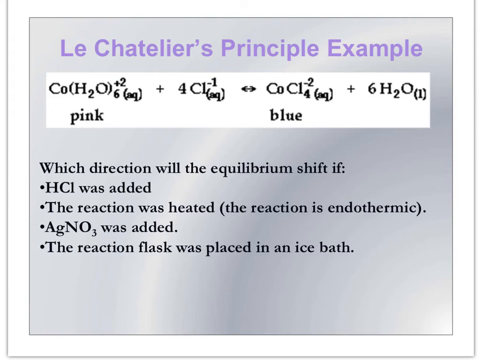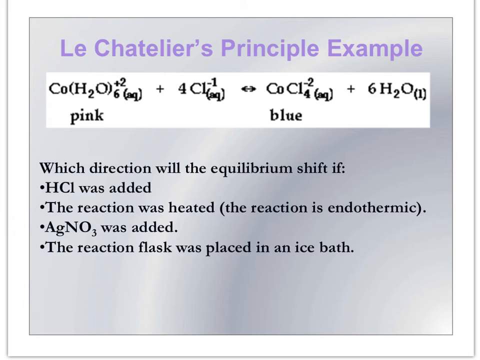But there are a few unique reactions where there is a change in color or something macroscopic that we can observe so that we're able to tell. This is an example of a reaction like that, where they're all solutions or liquids.